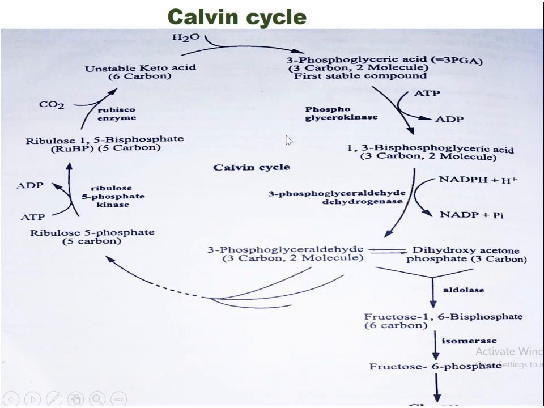This cycle was discovered in chlorella algae by Melvin Calvin, James Bassham and Andrew Benson at the University of California in 1947.